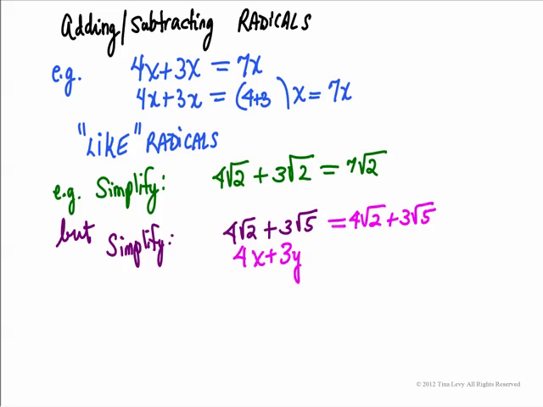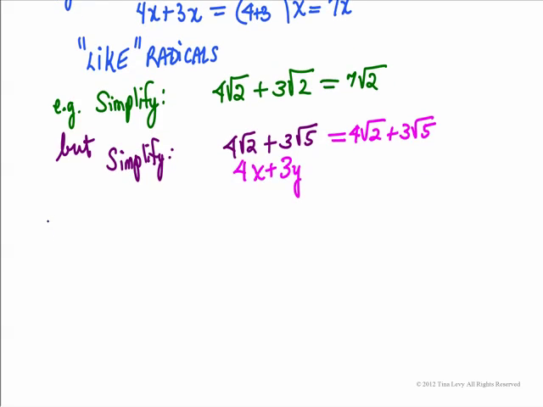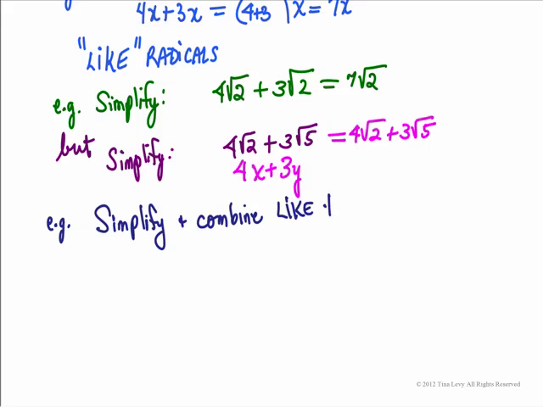The difficulty comes when, for example, I said simplify and combine like radicals, and we have radical terms that don't look the same, but really what's hiding is the same radical. So an example might be 3 radical 50 minus 2 radical 72 plus 5 radical 18.